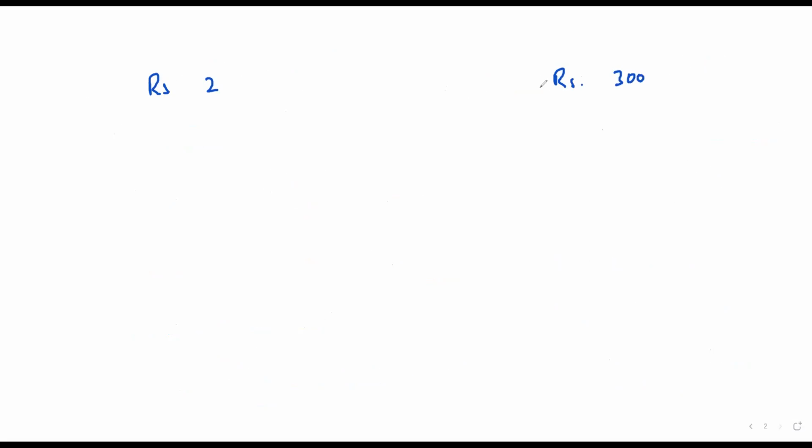So this is the original price here, 2 lakhs, and now this has mounted up to 300 lakhs. If you find the percent increase, the increase over here is 300 minus 2, that is 298. That is such a big number as compared to this 2.